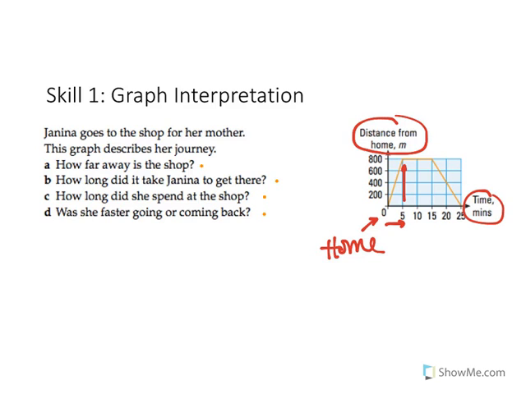Here we notice for about 10 minutes that her distance stays the same. It stays at 800 exactly. And then we notice that in the next 10 minutes passing, her distance goes from 800 back down to 0, which indicates something else. So given those little bits of information, can you answer the following questions?